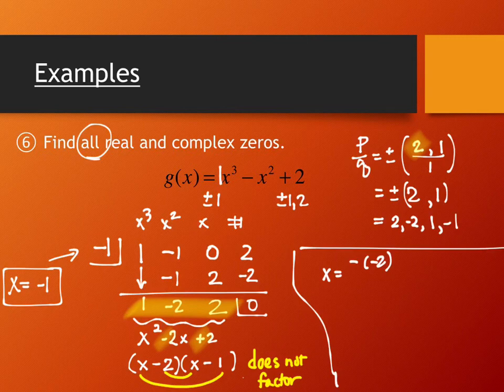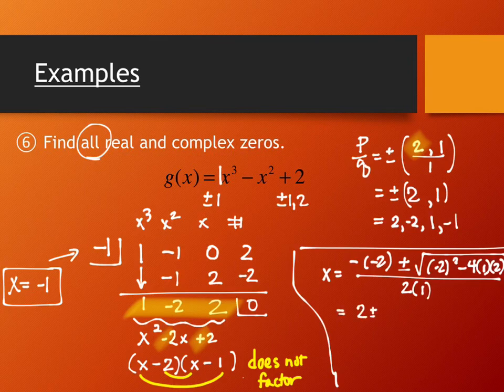So x equals opposite of -2 plus or minus the square root of -2 squared minus 4 times a is 1 and c is 2, all over 2 times a. Okay, so we're going to get this cleaned up. It's 2 on the outside. I have 4 right here minus 8. All divided by 2. What's 4 minus 8?